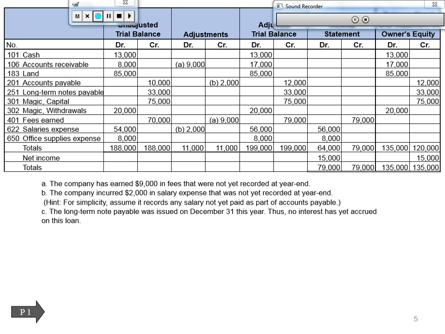You cannot get to the ending capital balance if you don't prepare it first. It says beginning capital plus net income minus owner's withdrawals equals ending capital, right? Yes.